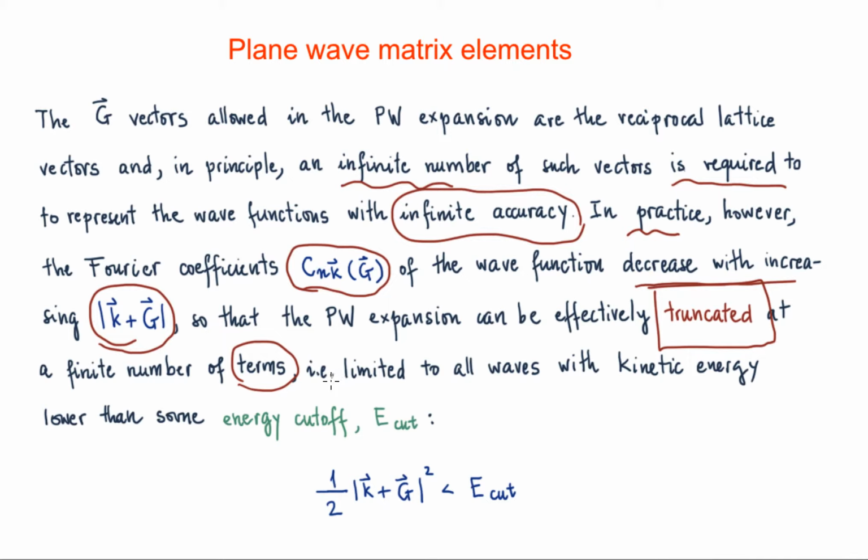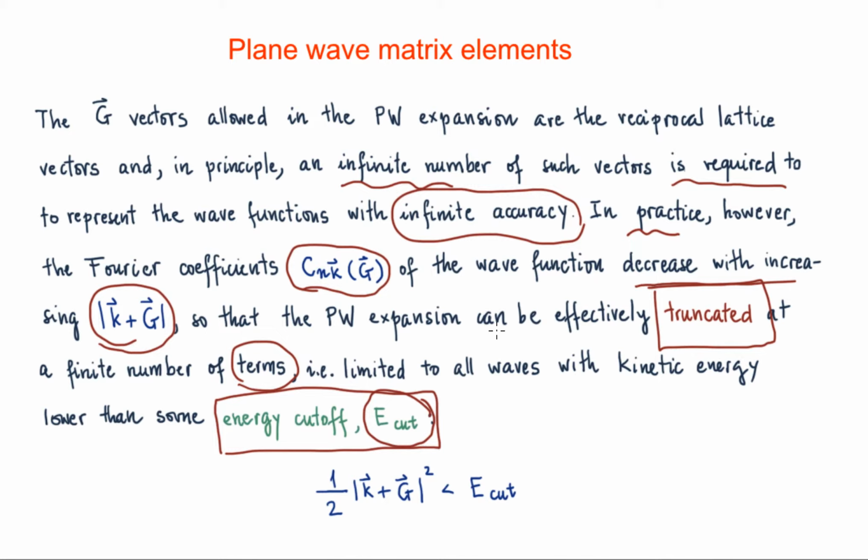So usually we consider a finite number of terms in the expansion. And the usual way of doing that is the following. Usually it's limited to all waves with a kinetic energy lower than some energy cutoff. In order to do the numerical calculation, you have to specify the energy cutoff you want to include in order to consider finite matrices. Of course, the higher the energy cutoff you consider, the better the accuracy is going to be.